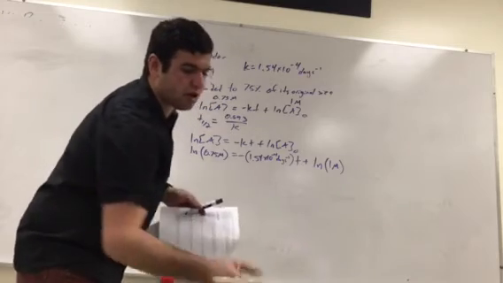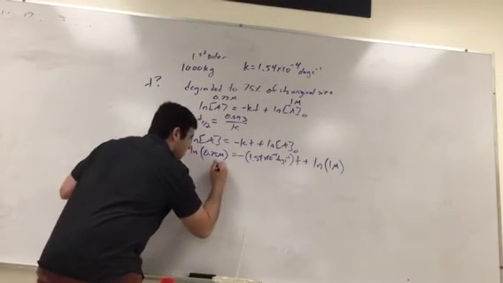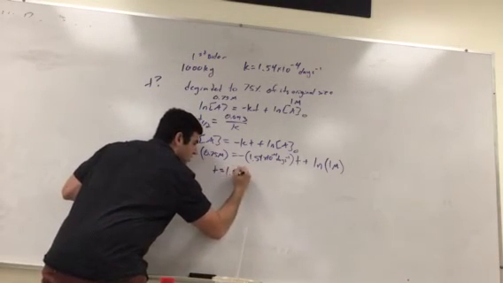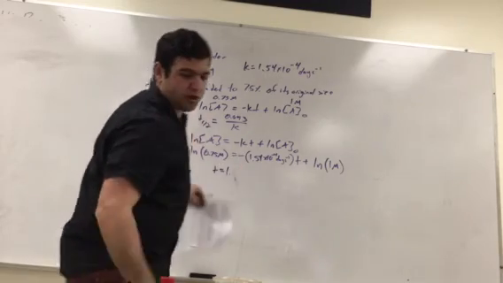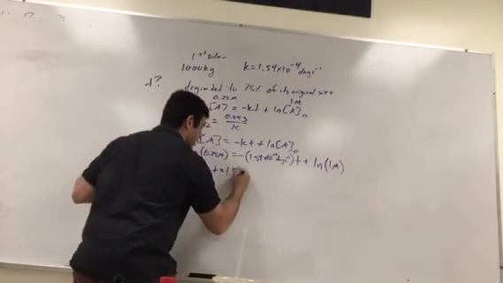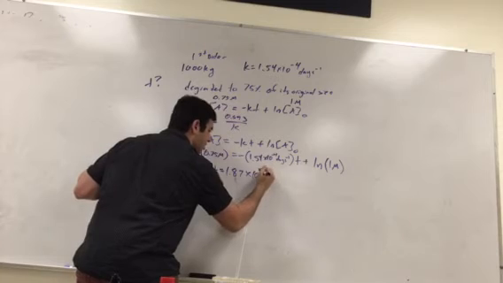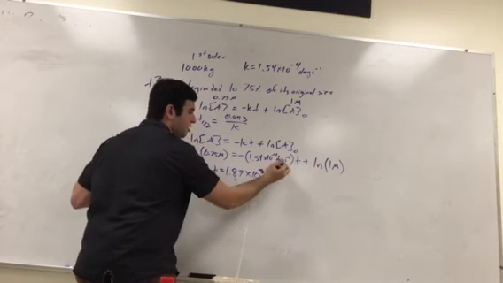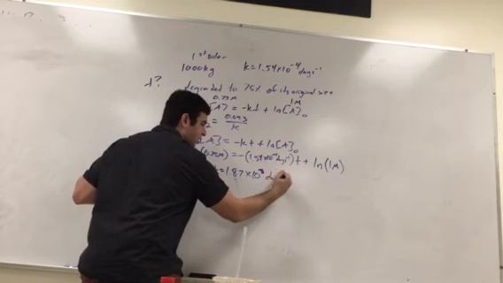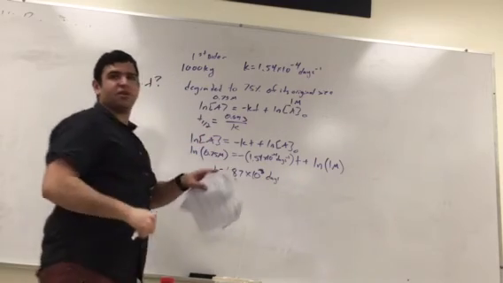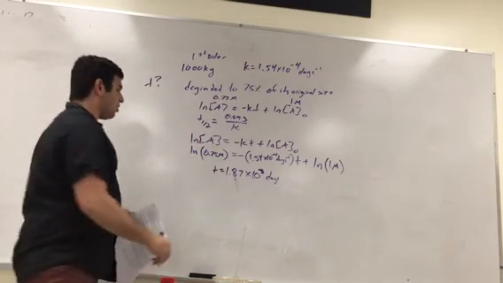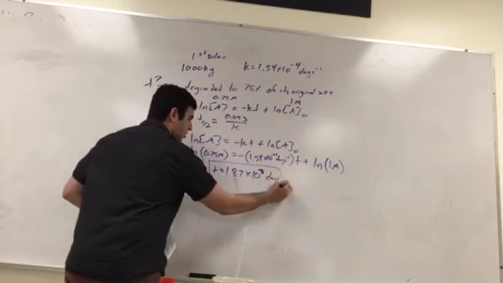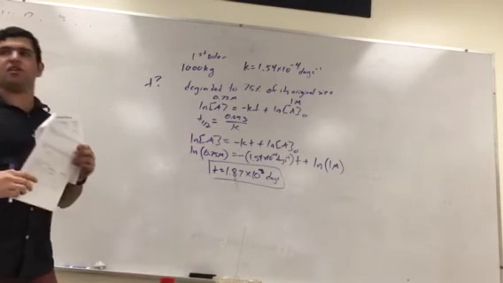Okay, so I get t equals 1.87 times 10 to the third, and the units are going to be days, right? Because those are my units for the rate constant. So about 1900 days.